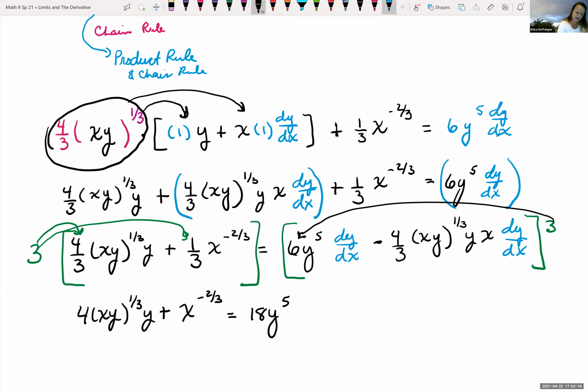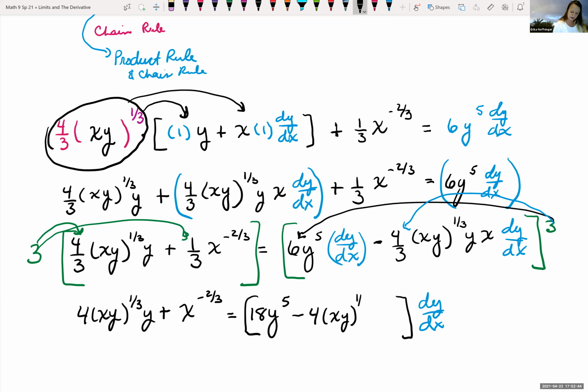If it's okay with you, I'm going to pull out that dy/dx as we do this, from both terms. The 3 in the numerator and denominator cancels, and that's going to give us a -4 (xy)^(1/3) yx. I'm factoring out the dy/dx at the same time.